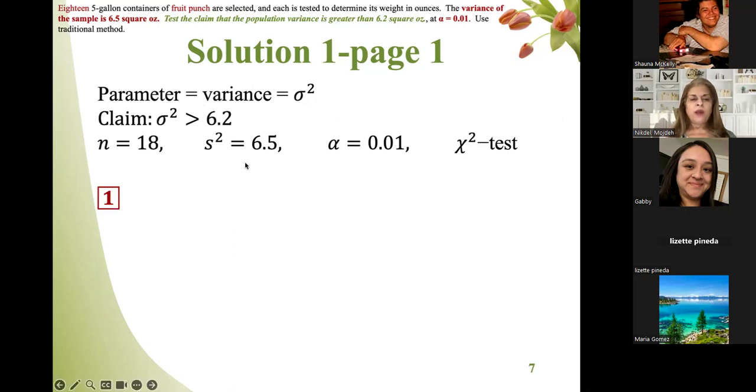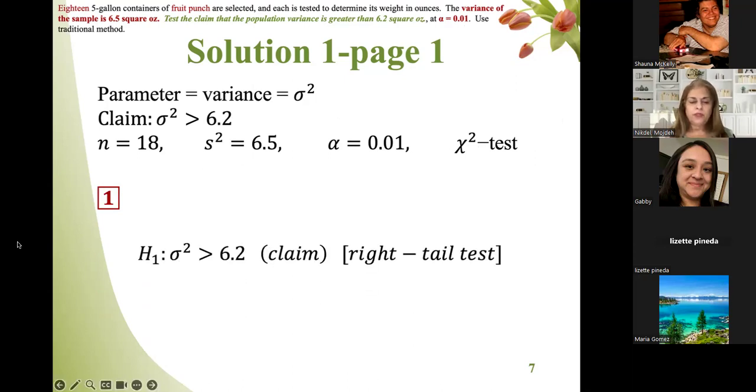Step 1, where do I put my claim? My inequality in the claim sentence doesn't have an equal sign, so my claim goes with the alternative hypothesis, H1. H1: sigma square greater than 6.2, and I mark this as the claim. For the null hypothesis, I write the opposite of my sign.